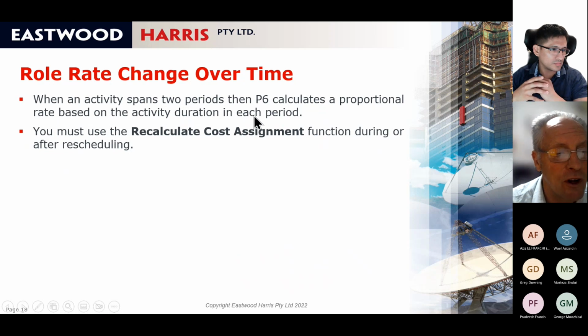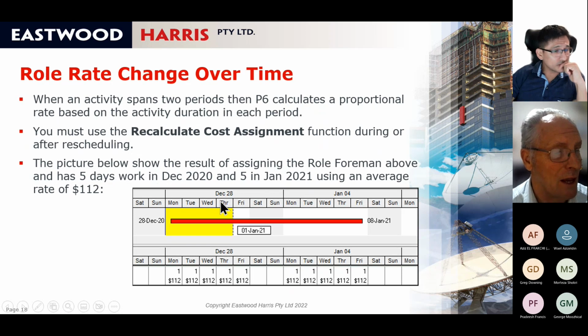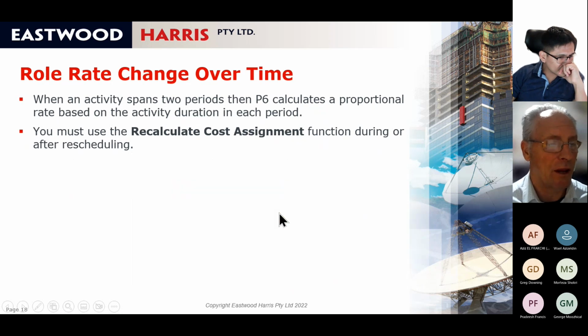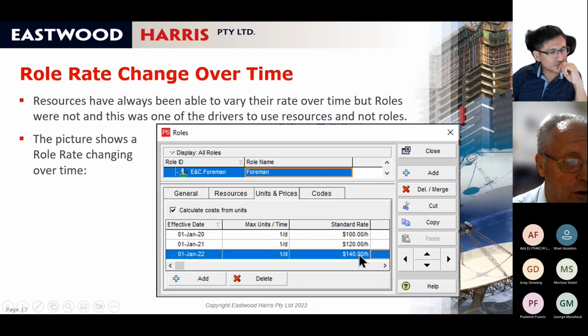So in version 20 it doesn't actually calculate the cash flow properly. If you have an activity where the role rate changes over time, it uses an average across the whole length of the activity, which is not really what I would like to see. So if I go back here, I've got the rate on the 1st of January 20 being 110, on 1st of January 21 it went to 120, 1st of January 22 it went to 140.